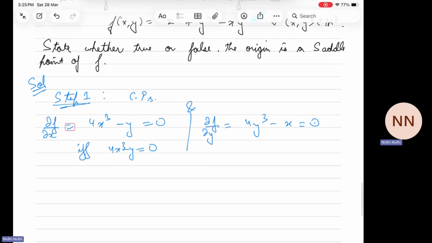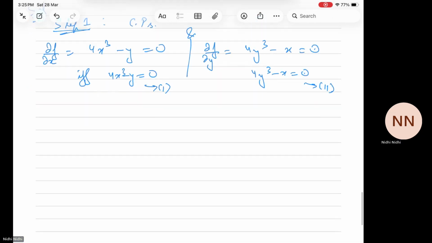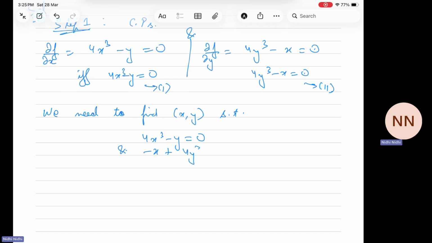That means both conditions must hold simultaneously, so we need to find x and y that satisfy both equations: 4x cubed minus y equals 0 and minus x plus 4y cubed equals 0.